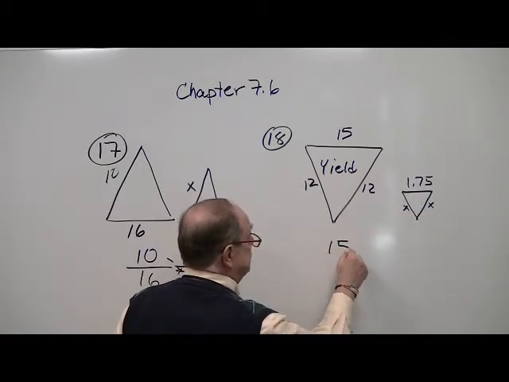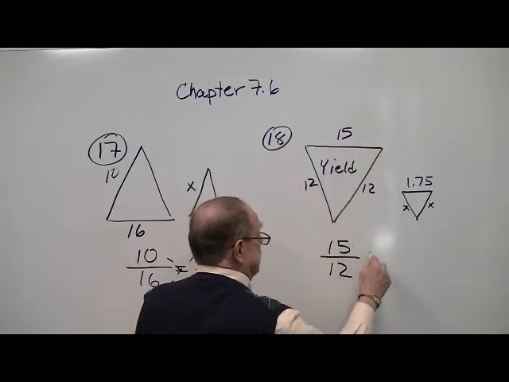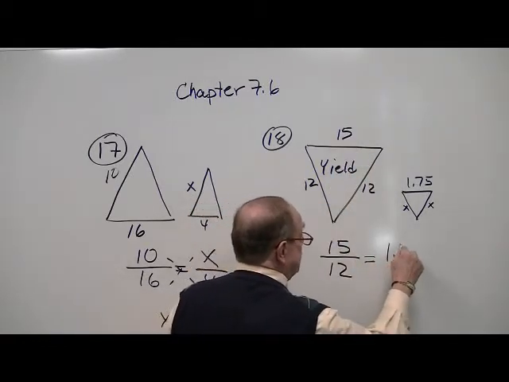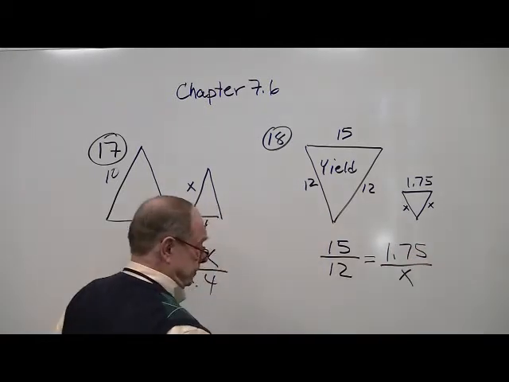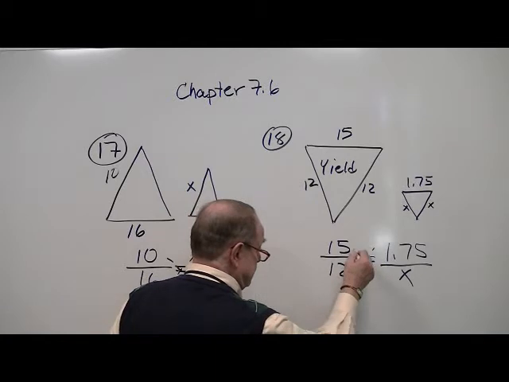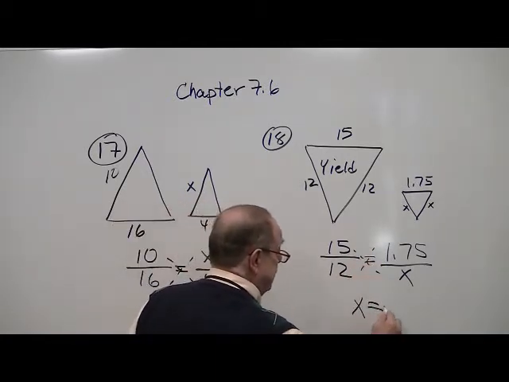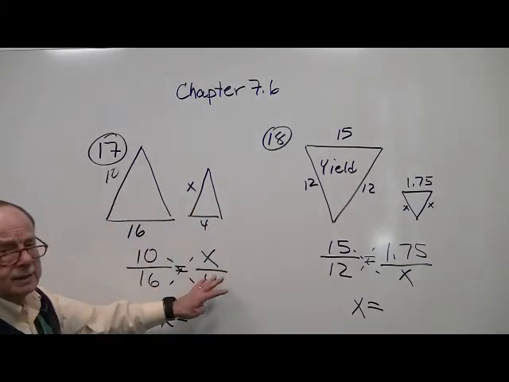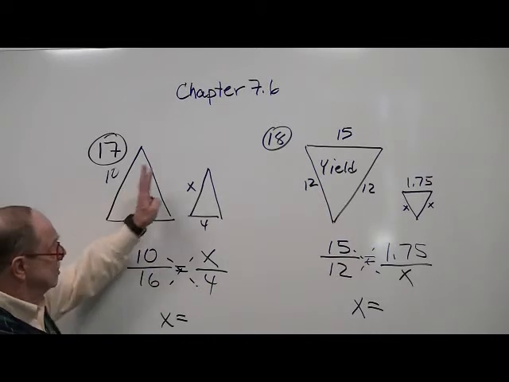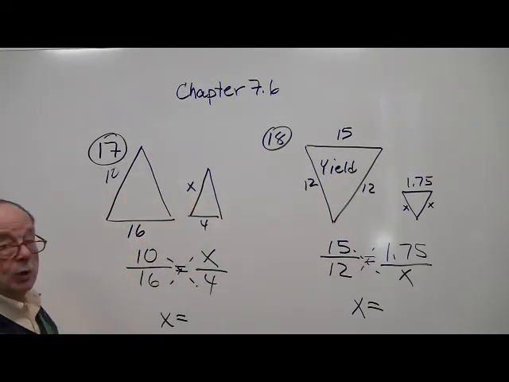It's going to be 15 is to 12, this side is to this side, as 1.75 is to x. And you're just going to cross multiply, and you'll get an answer for x. And again, I'm not working on solving the equations here, but helping you interpret how to set them up and what they would be.